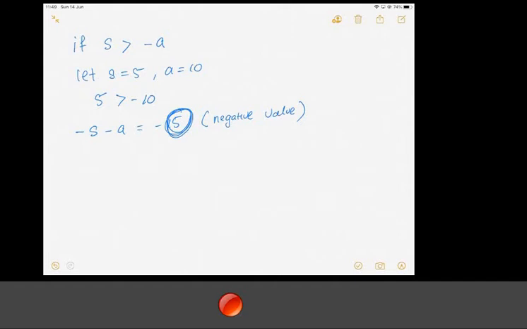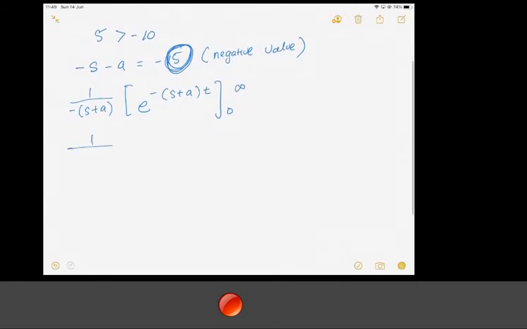From just now we have 1 over, after the integration, negative s plus a, and you substitute the value, exponent negative (s plus a)t from 0 to infinity, right? So we substitute the value, negative s plus a, and this part we get the negative value.